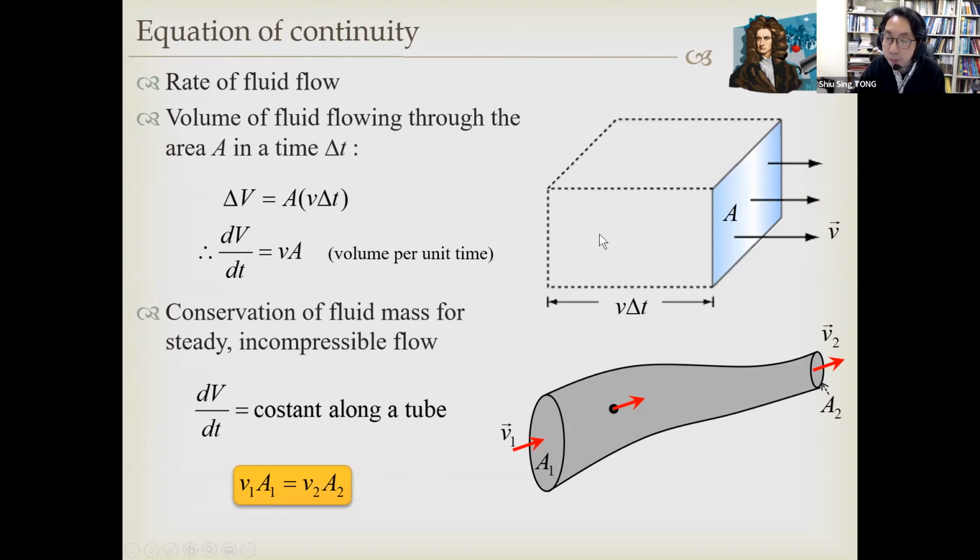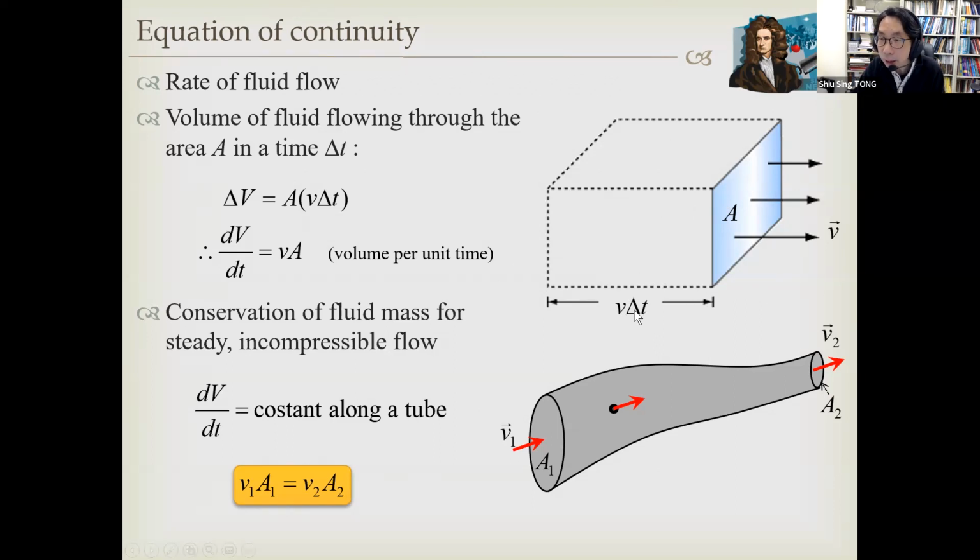Now, how to express the rate of flow of volume of the liquid? Let us consider a surface of area A, which is perpendicular to the velocity of flow. So V is the velocity of flow, and V is perpendicular to A. Now we consider a small time interval delta t. As you can see from this diagram, we construct a rectangular shaped object with the width equal to V delta t.